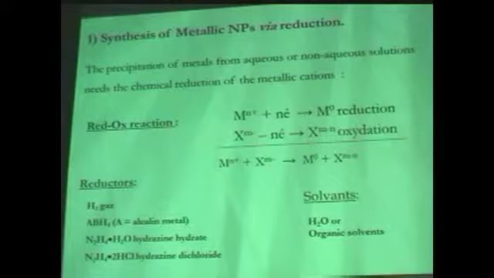The second strategy, the thermolysis, or the flash decomposition of organometallic precursors, is usually used for the synthesis of metal nanoparticles, but also metal oxide nanoparticles.